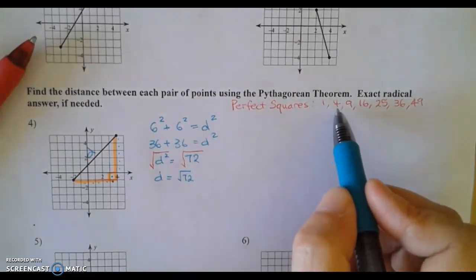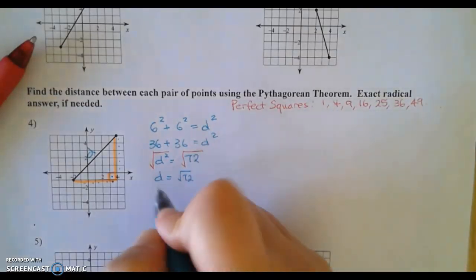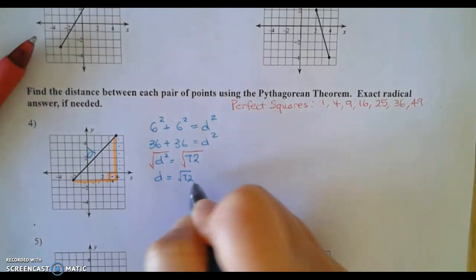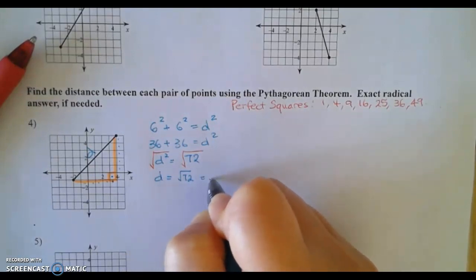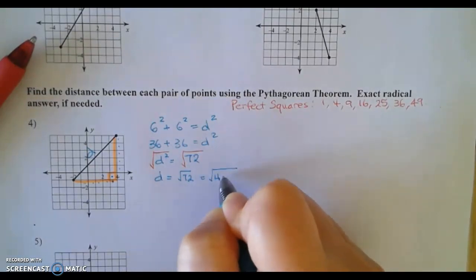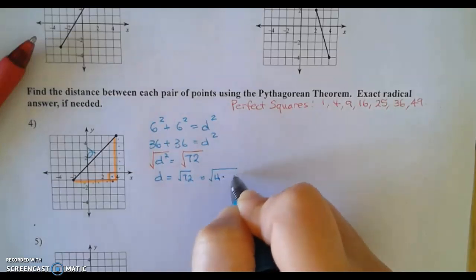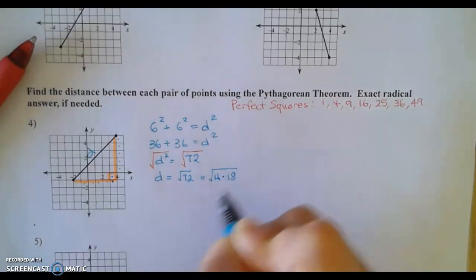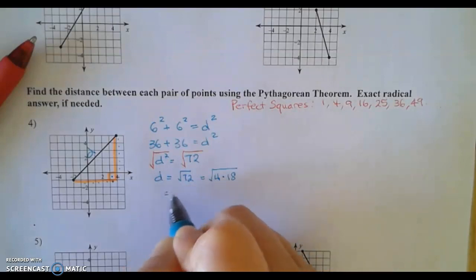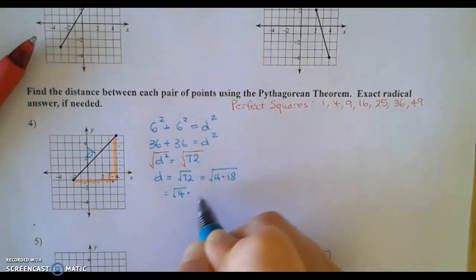But if you didn't see that, and you just saw that it's divisible by 4, then let's just go with that. I can say this is really the same as 4 times 18, which is 72. So that means this is the same as square root of 4 times square root of 18.